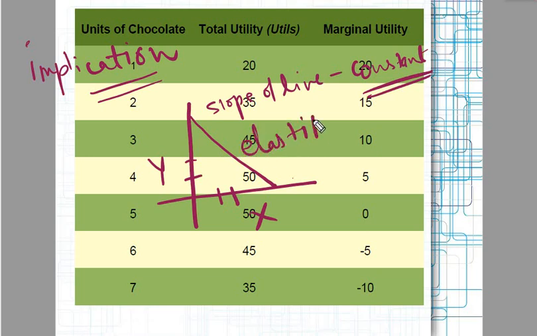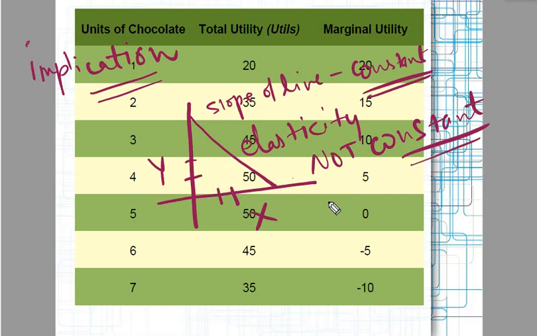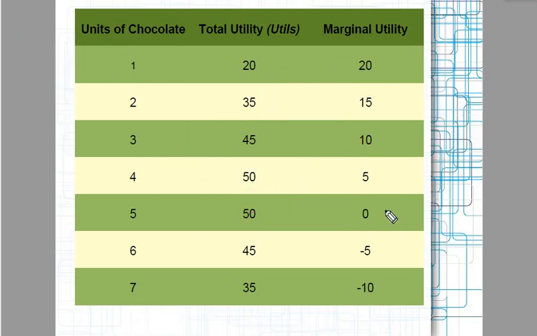Elasticity is not constant. Why is that the case? Well, it has something to do with the utility, especially diminishing marginal utility. We'll speak about it when we talk about elasticity in greater detail.